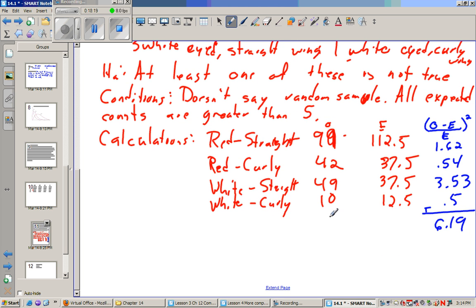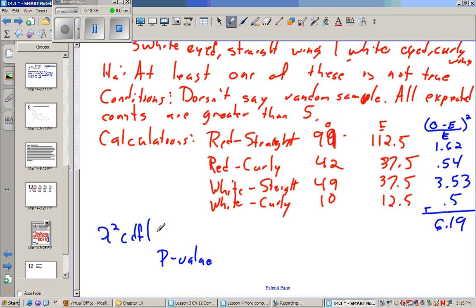So for 6.19, we want to find the probability. To get our p-value, we can use our charts, or we can use the chi-square CDF.